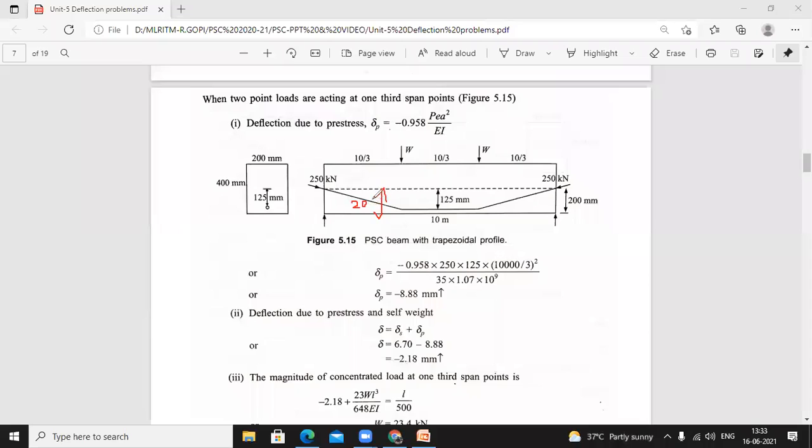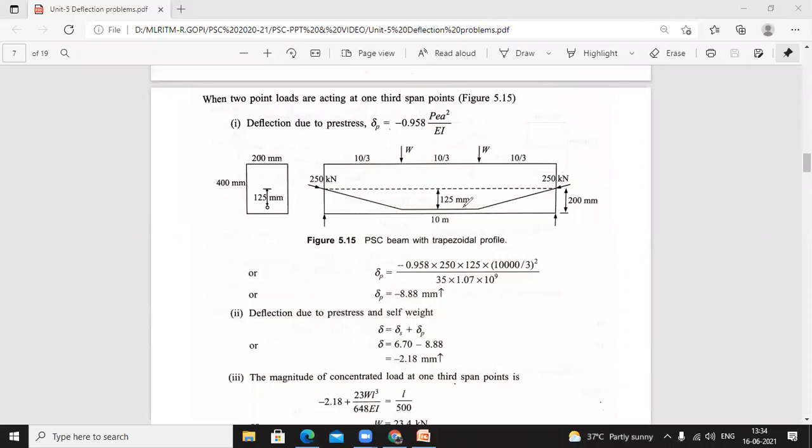So this cable is located from the bottom. It is 75 mm. That means this height is 75 mm. Now tell me what is the eccentricity. 200 minus 75, we got 125 mm. So they gave the eccentricity indirectly.